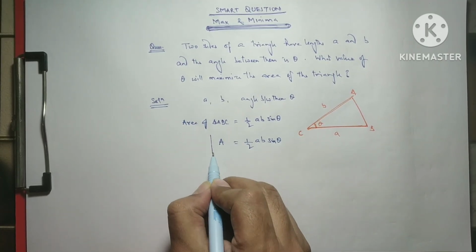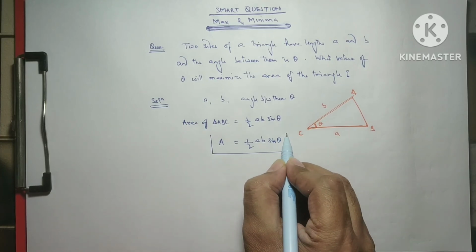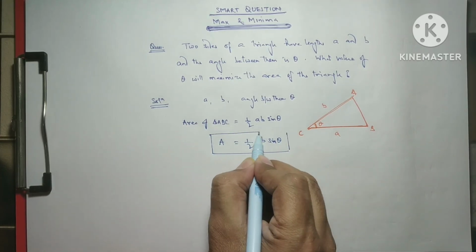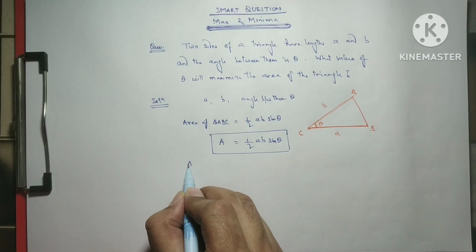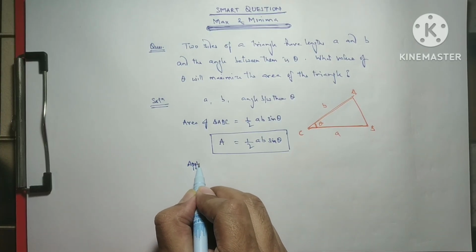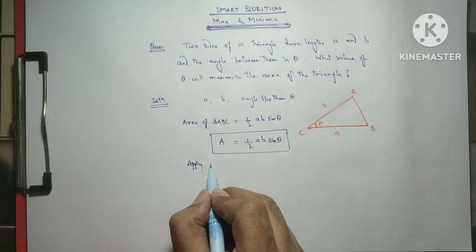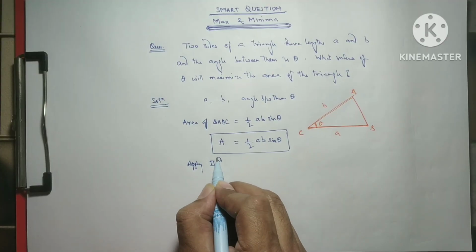So for finding the maximum area, we always use the second derivative test. So as the tradition, we will use the second derivative test.